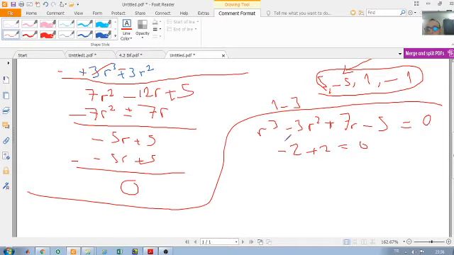And without checking the others, directly let's divide. For example, when we check minus 1, actually we will not get 0, I guess. So let's again apply the polynomial division: r cubed minus 3r squared plus 7r minus 5.